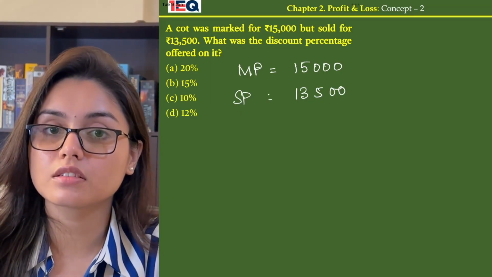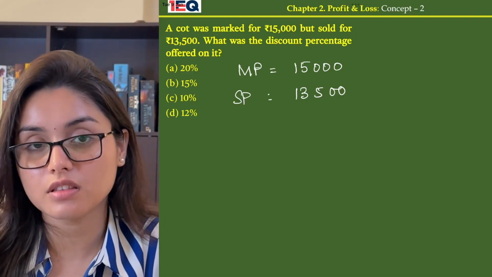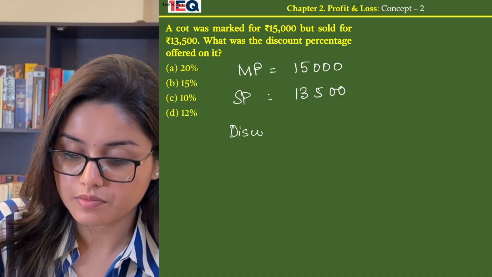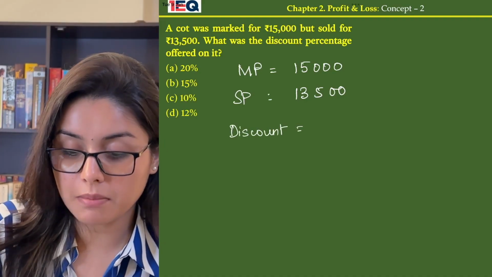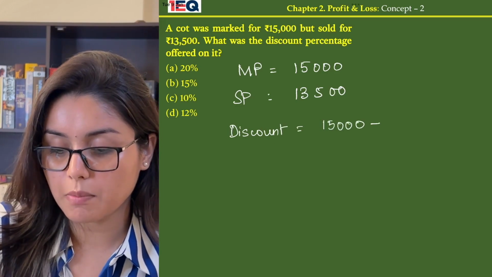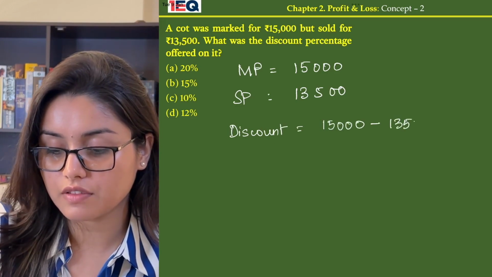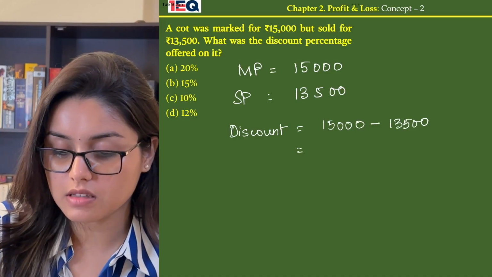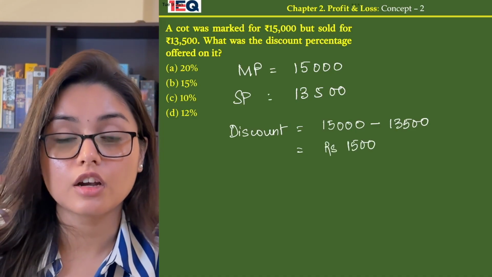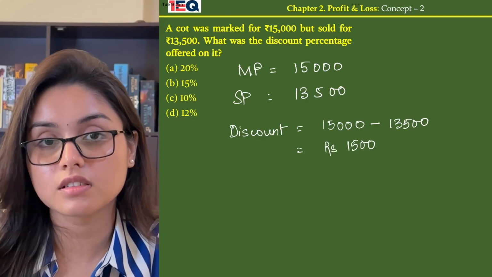So, in order to find the discount percentage, we first need to find the discount amount. So, my discount amount is my marked price minus my selling price, that is 15,000 minus 13,500, which gives us rupees 1,500. Now, further, we have to find the discount percentage.